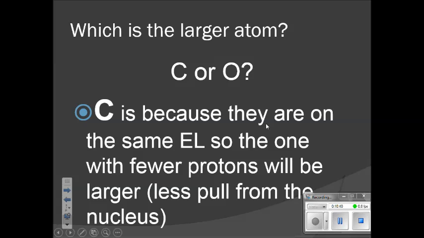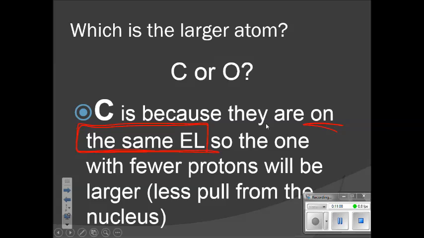You can explain that, by the way, using oxygen like I just did, or on the screen here you can see that I said carbon because they're on the same energy level, so the one with fewer protons will be larger. This part right here is very important. They're on the same energy level. That needs to be in your description when you are using protons as your reason. You have to show that you looked at the first rule, which was energy level.